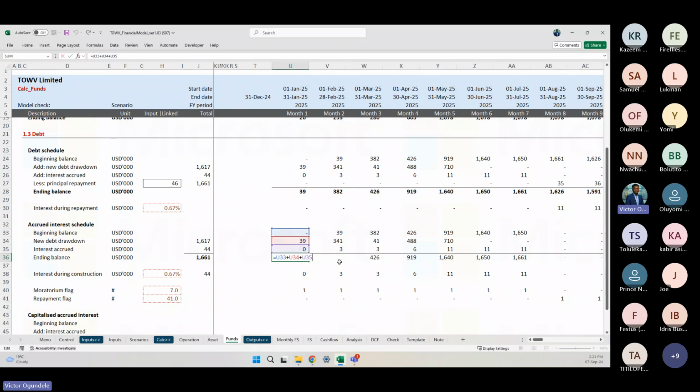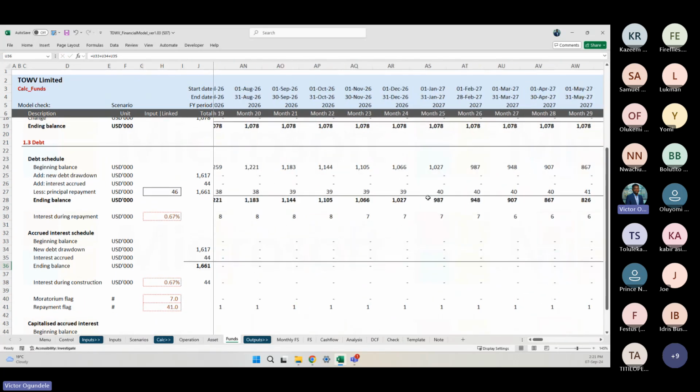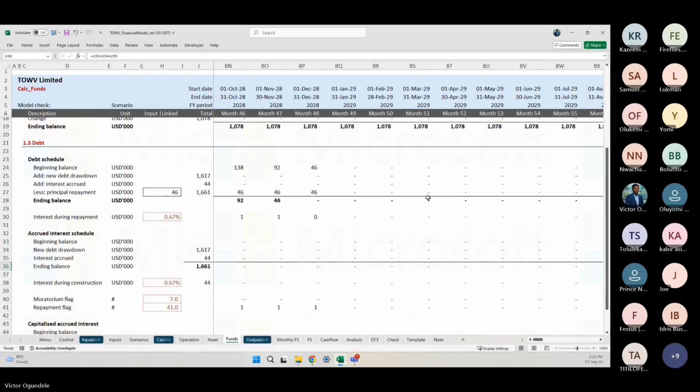Your ending balance for your accrued interest schedule is beginning balance plus new debt drawdown plus this. You are getting 46, but is your debt fully repaid at the end? I'm getting 46, and that's your principal repayment.